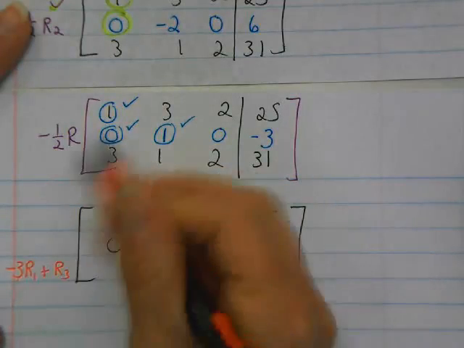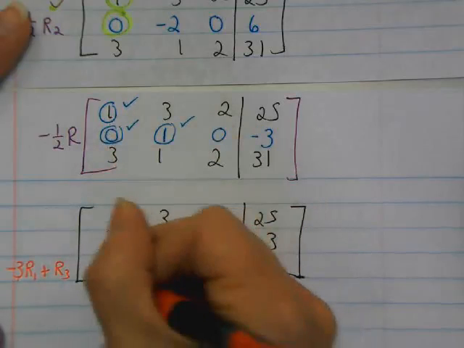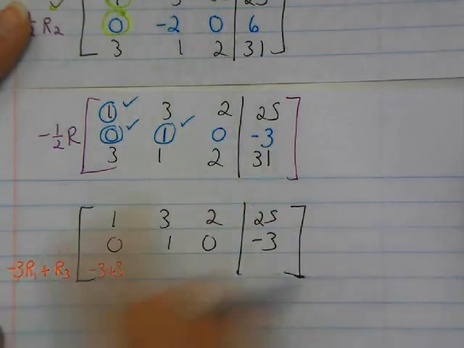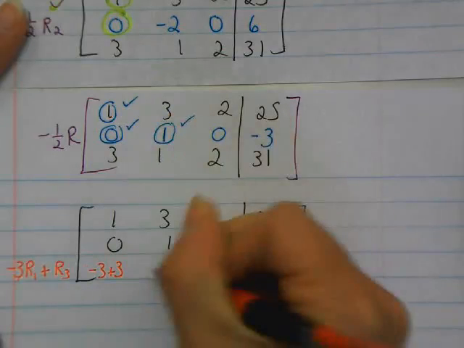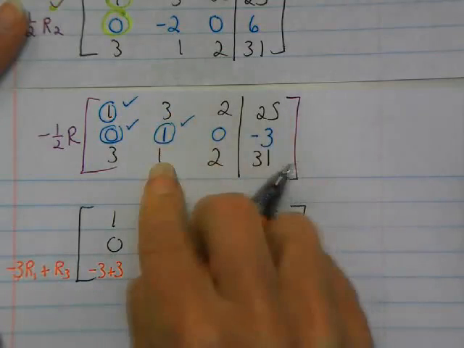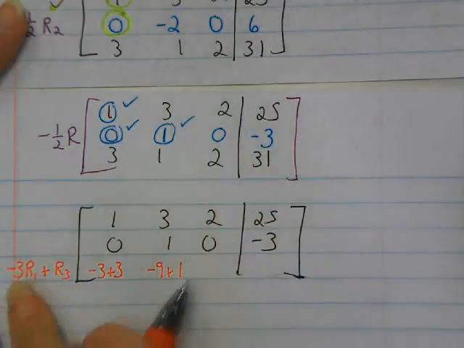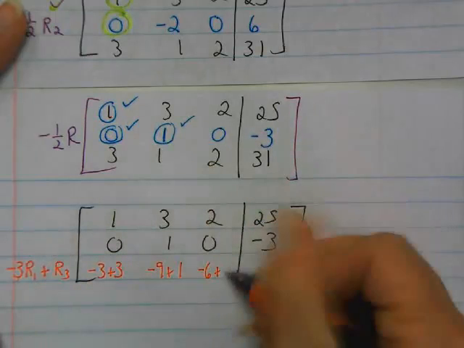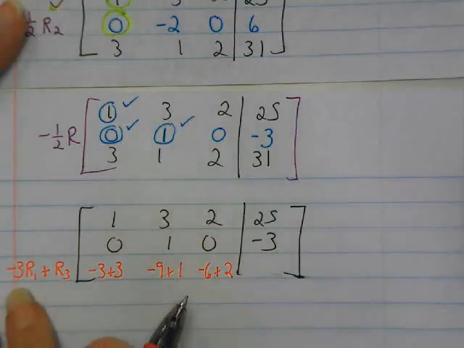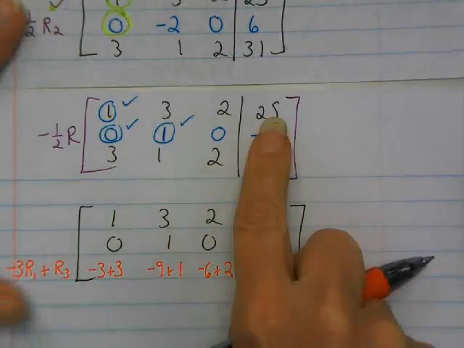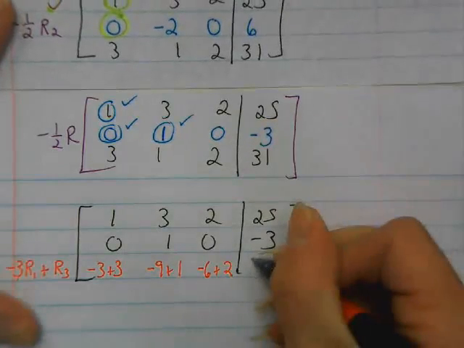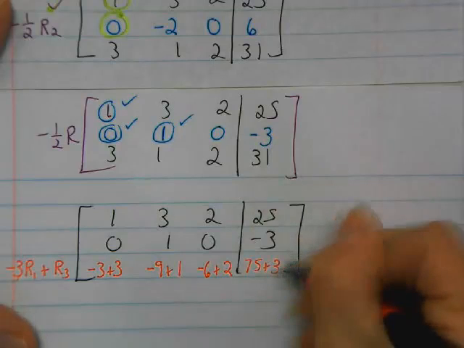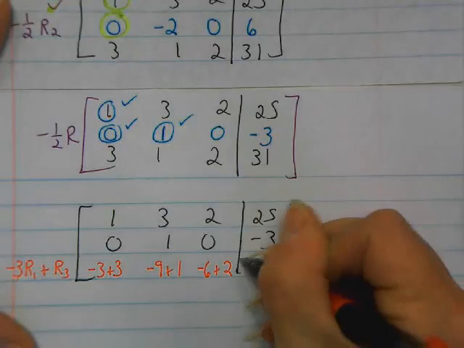Negative 3 times 1 is negative 3 plus 3. Negative 3 times 3 is negative 9 plus row 3 is 1. Negative 3 times 2 is negative 6 plus row 3 is 2. Negative 3 times 25 is negative 75 plus row 3, 31.